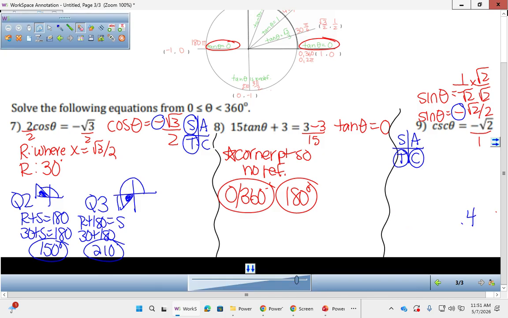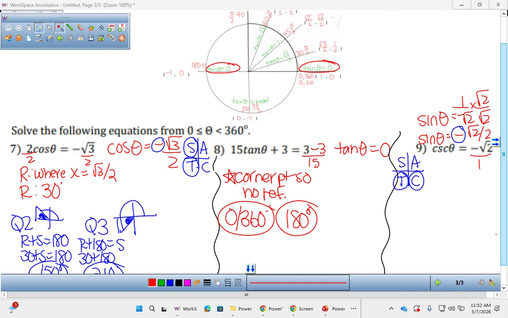But before I do that, I need to find my reference angle, which is something that's in quadrant 1. So I want to figure out where the y value, because sine is y, is root 2 over 2. I don't have any negatives in quadrant 1, so I'm just focusing in on the number. And the y value is root 2 over 2 at 45 degrees.